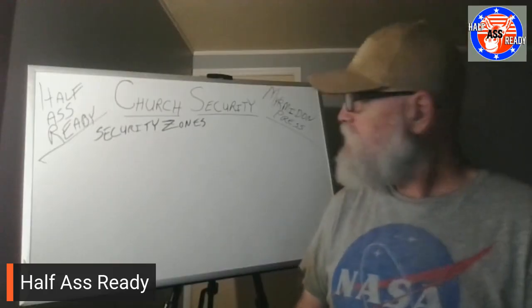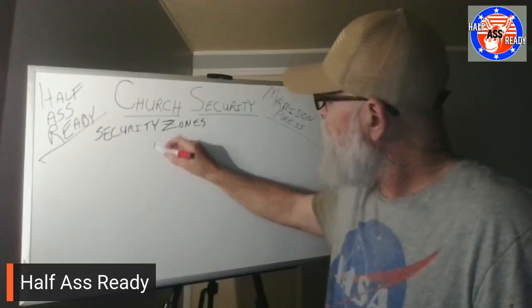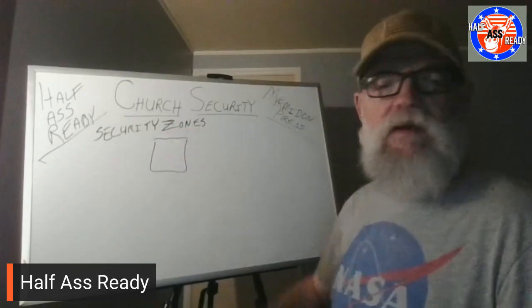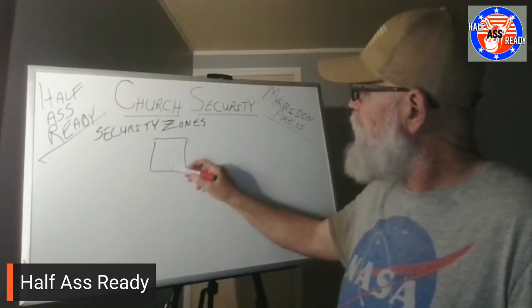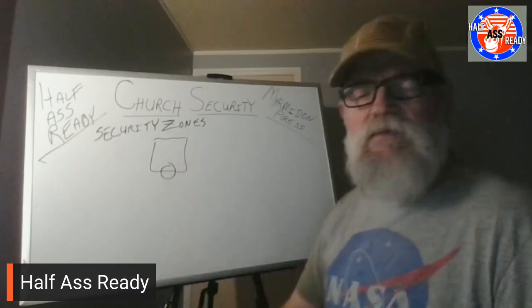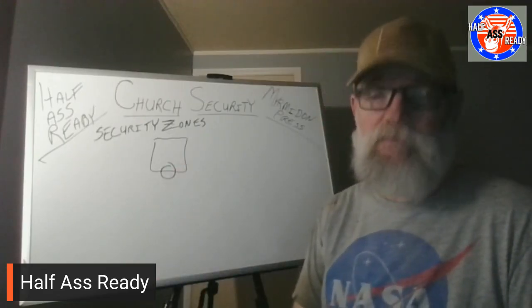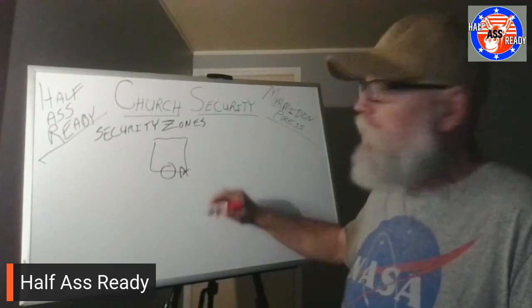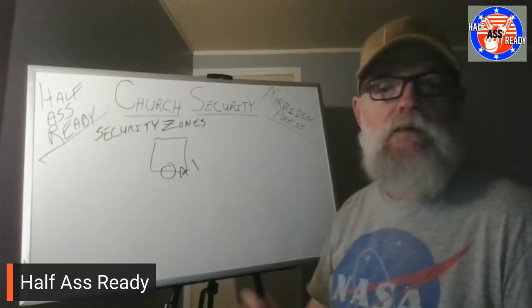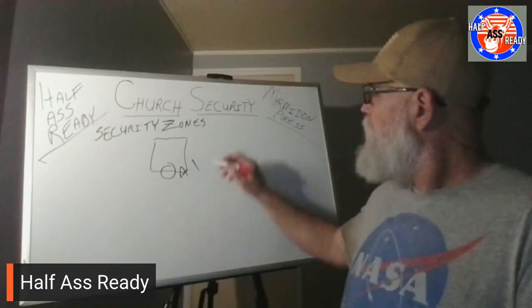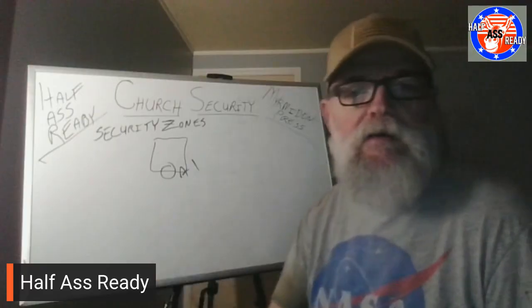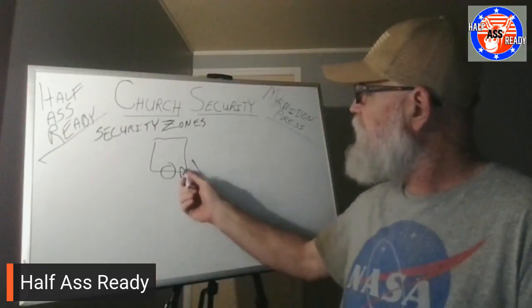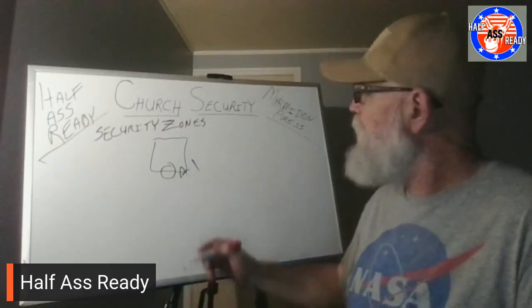So you got your sanctuary, and so the front door is probably zone A or zone 1 or zone alpha. It don't matter. Whatever you want to call this. This is going to be probably your zone 1.